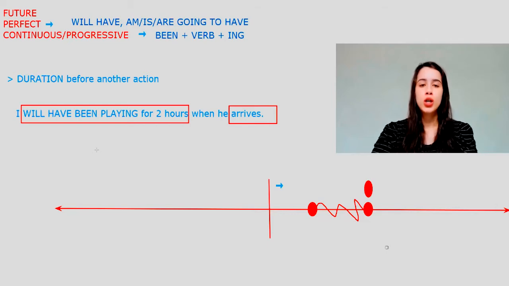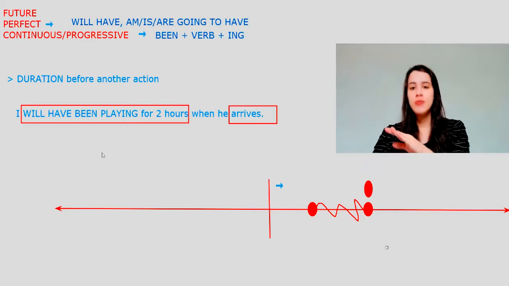Okay, good. I told you that there are three usages. This was the first one. The second one is when we have a cause and consequence relation.